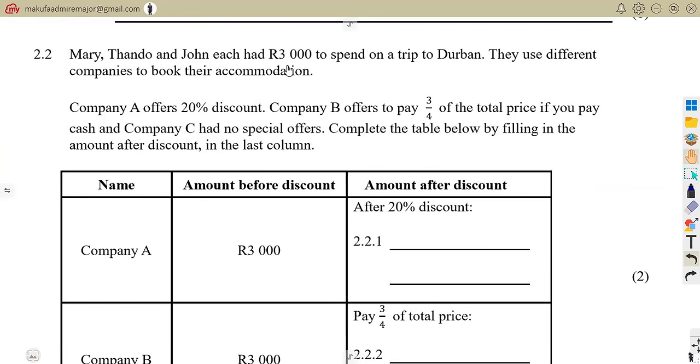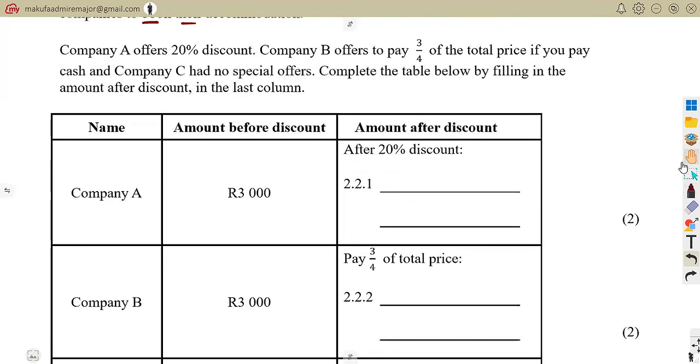Then 2.2, we are given Mary, Tando, and John each had 3,000 rand to spend on a trip to Durban. They use different companies to book their accommodation. Company A offers 20% discount.